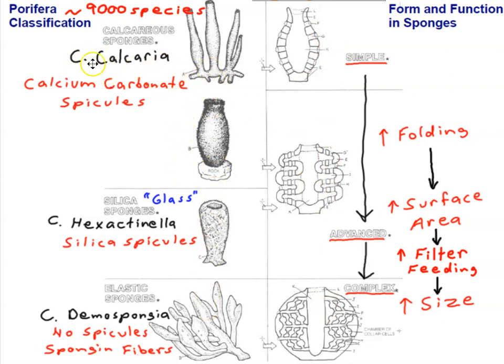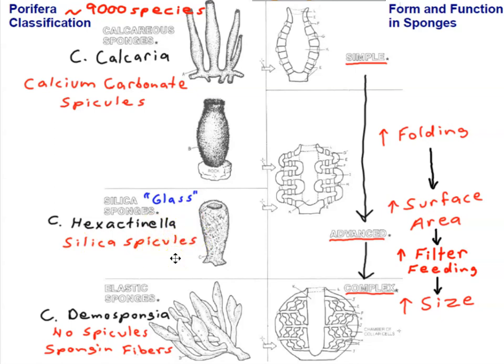So, for example, Class Calcarea has calcium carbonate spicules, those supportive structures that are embedded in the mesoglia of the sponge. And so they're known as hard sponges or calcarea sponges. And then we have class Hexactinellida, which are known as glass sponges because they have silica spicules. And I mentioned that silica is what sand is made out of, basically.